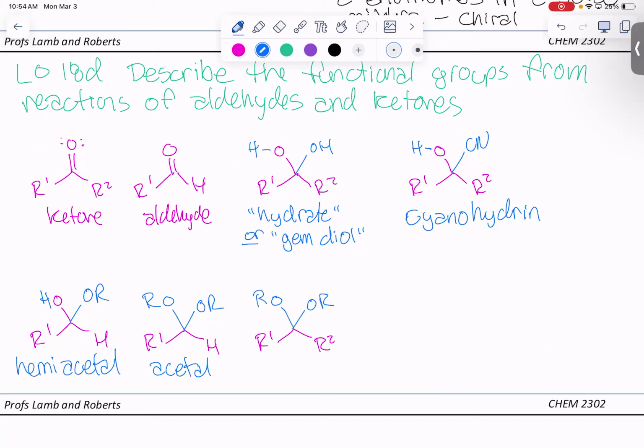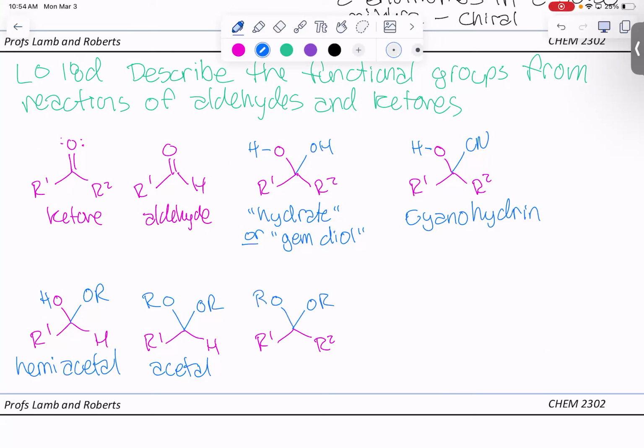We call this a cyclic acetal. Oh, sorry, a cyclic ketal. The cyclic acetal would not be from a ketone, it would be from an aldehyde, right? So this is not an exhaustive list of names. Turns out that there's even more. The reason I'm giving you these, we don't usually go over names, is that we're going to need them for our mechanisms. So this is what happens when we react aldehydes and ketones with oxygen and carbon.